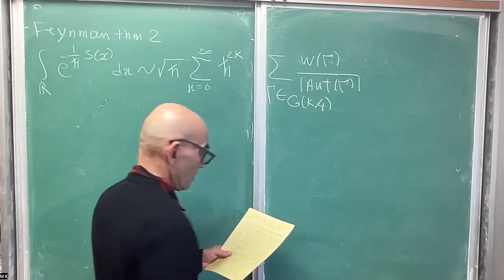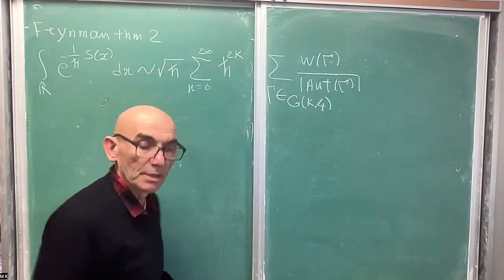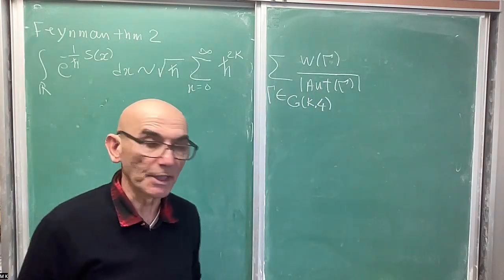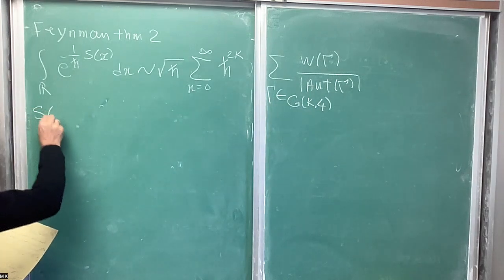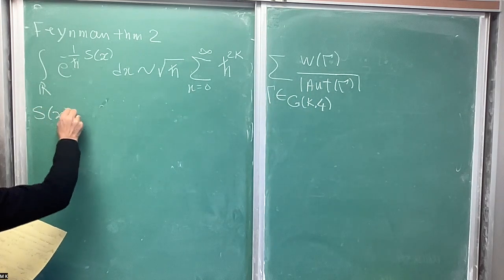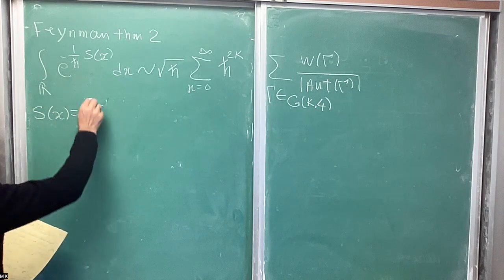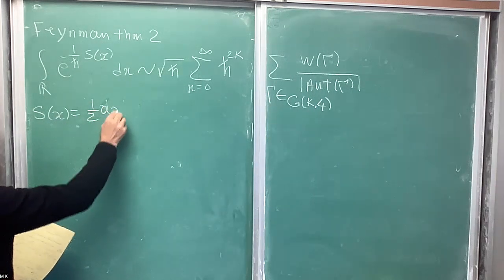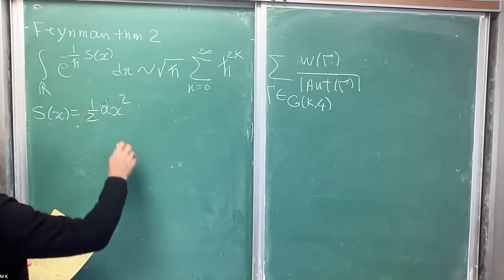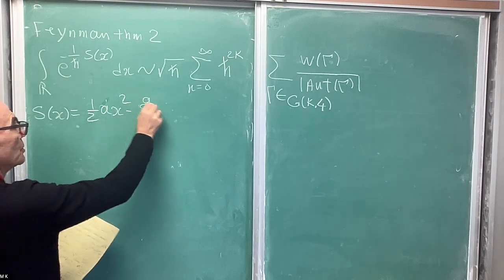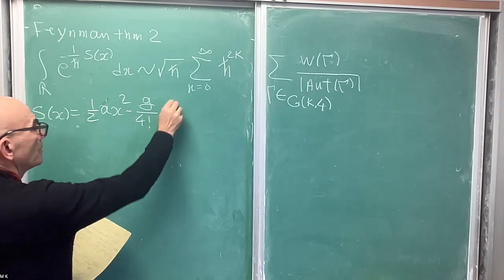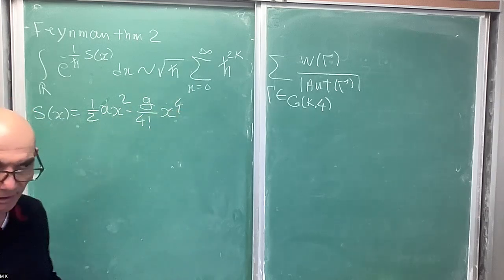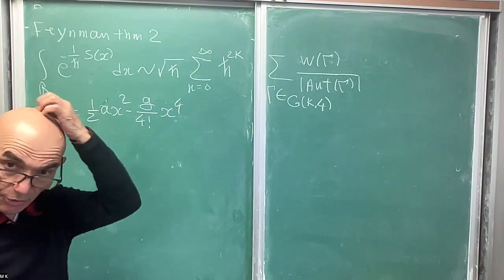So let me write what this means. Okay, first of all, what is the action? In this case, for this particular example, the action is just 1/2 a x squared minus g over 4 factorial x^4. This is a quartic action. It's just one-dimensional quartic action.